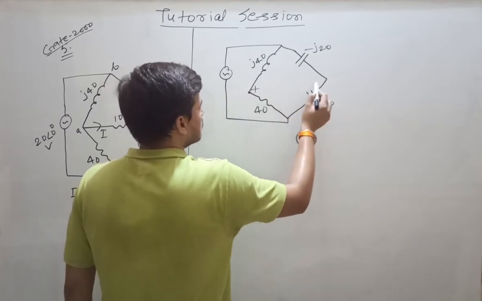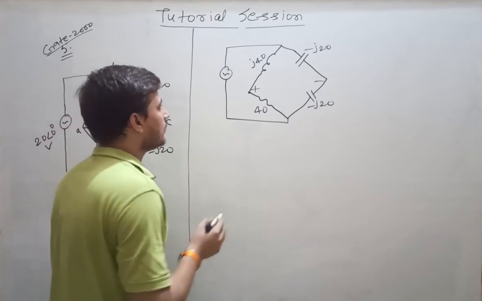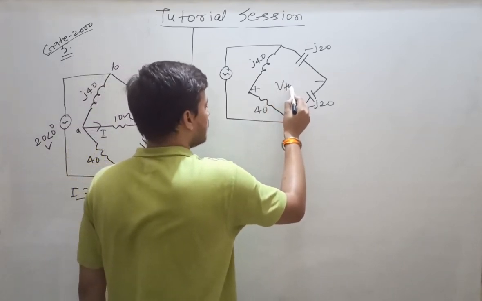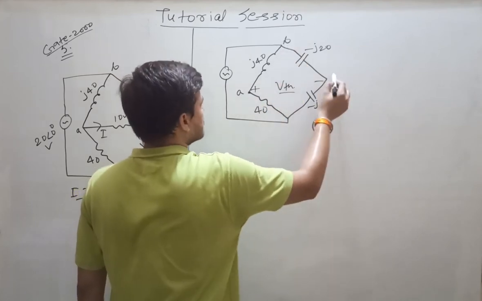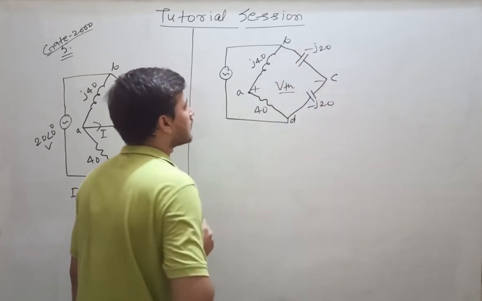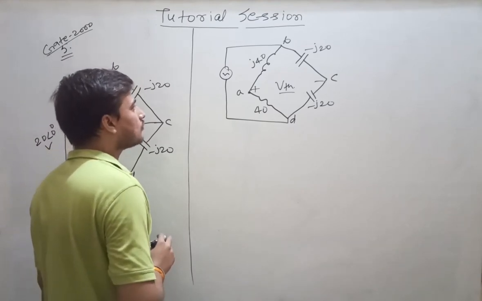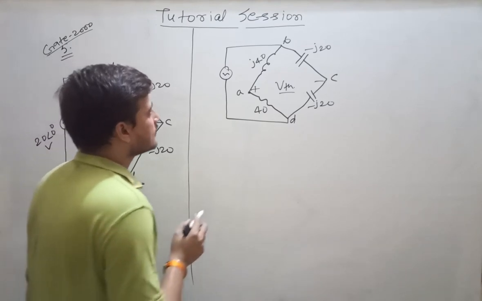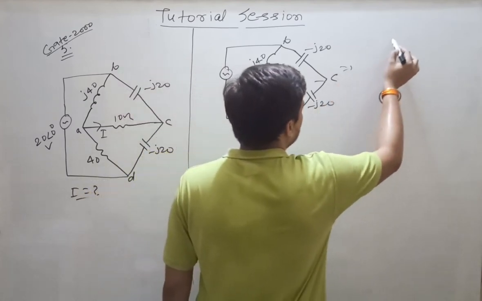Now we have to find VTH. First we have to find VTH. This potential will be VTH. This is A, B, C, D. So let us see how to find VTH. See, you can write this circuit like this one also.